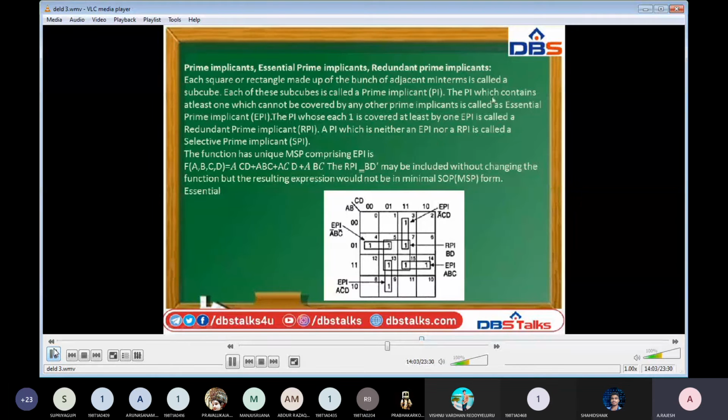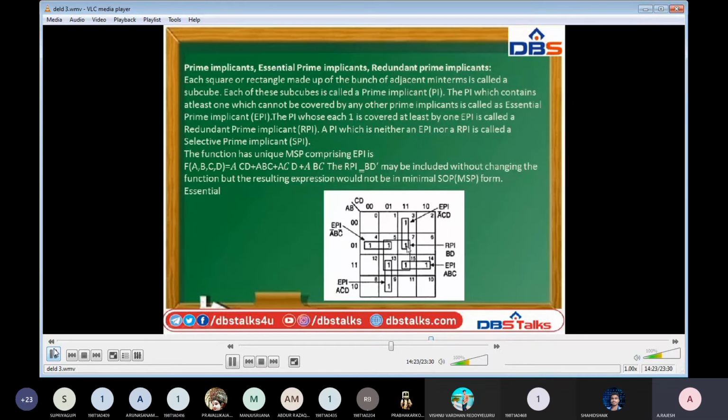Okay, the prime implicant which contains at least one minterm which cannot be covered by any other prime implicant is called an essential prime implicant. I repeat, the prime implicant which contains at least one which cannot be covered by any other prime implicant.